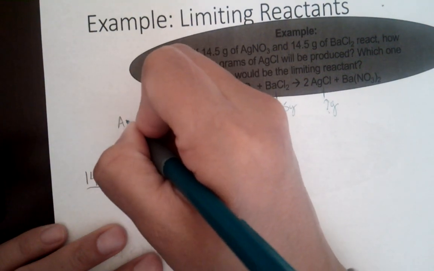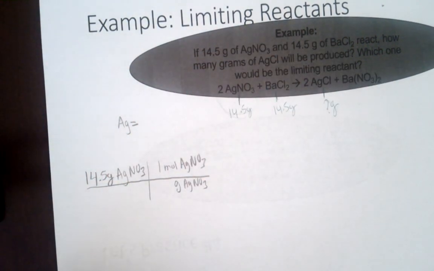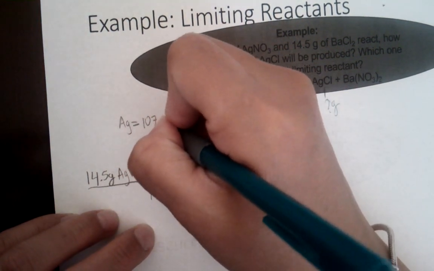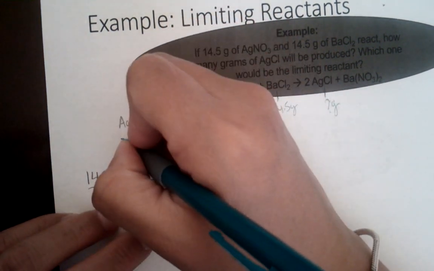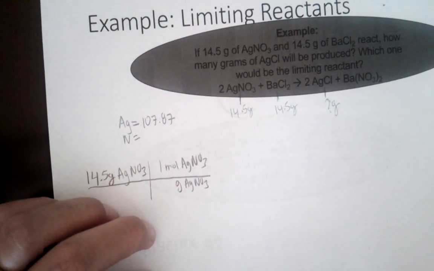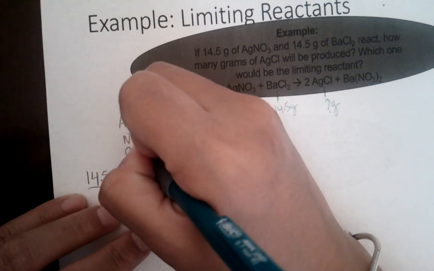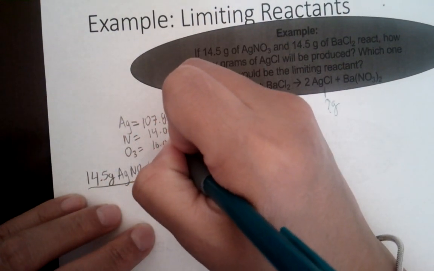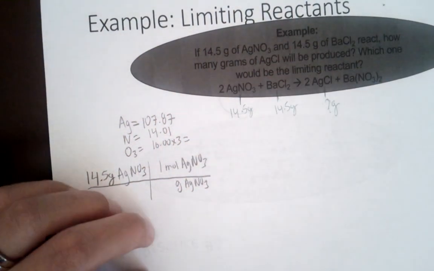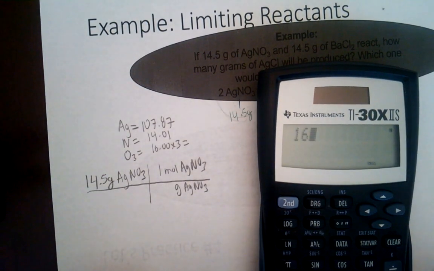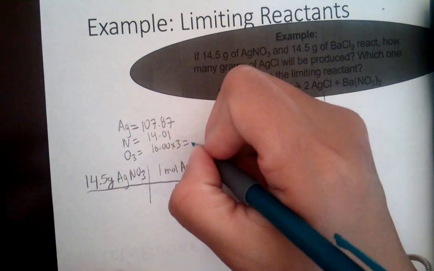So Ag, if we look in our periodic table, is 107.87. N in our periodic table is 14.01. O, we have 3, so that's 16.0 times 3. All right, so we're going to do the math here. 16 times 3 gives us 48.